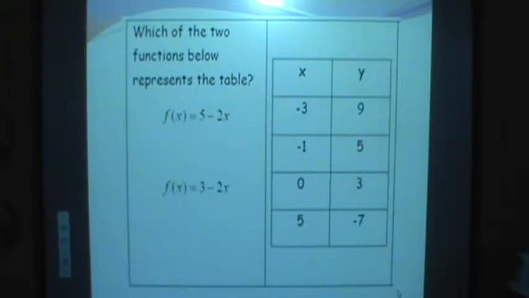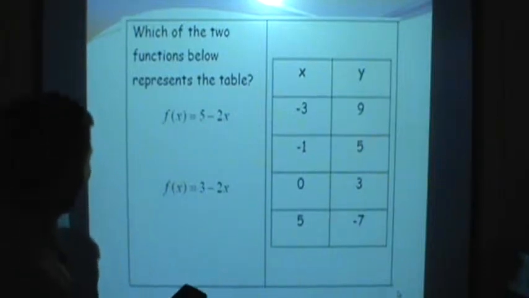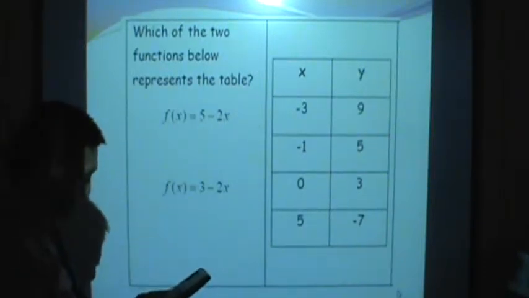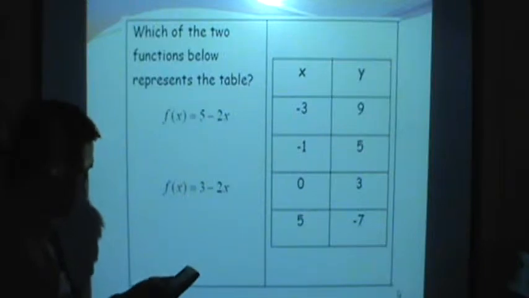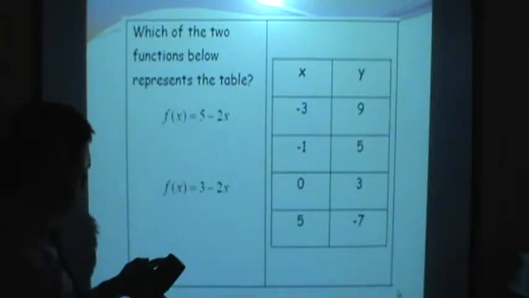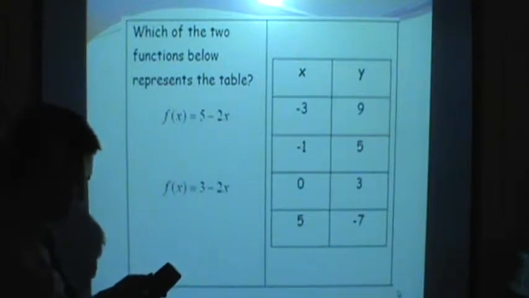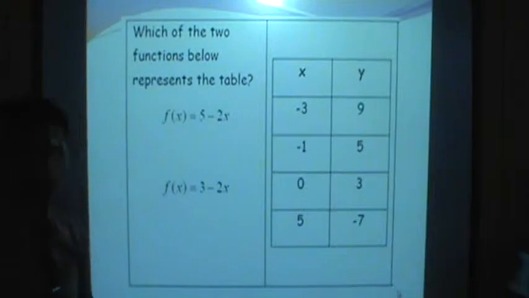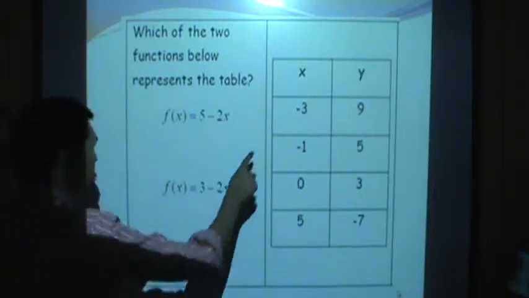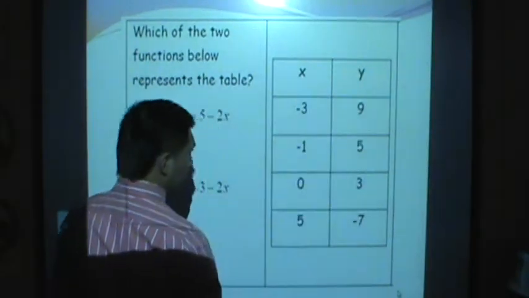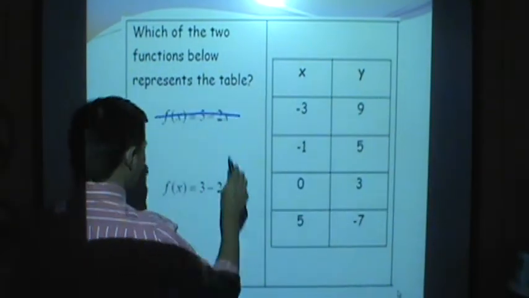Okay, I have my calculator right now, so I pressed y equals. I'm going to try 5 minus 2x, and then second, and then the graph. I have negative 3. Next to negative 3 is, we go up a little bit, 11. So next to negative 3 here is 11, but in the table it is 9, so therefore it's not this one.